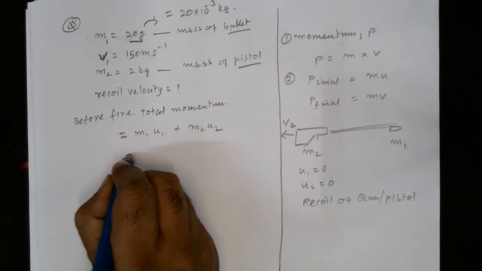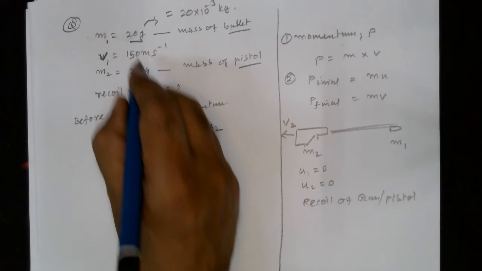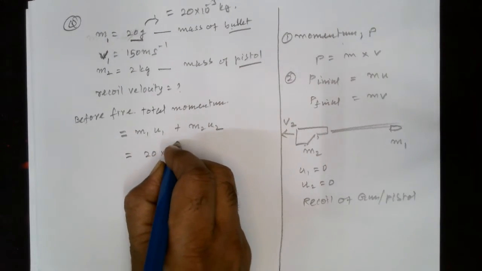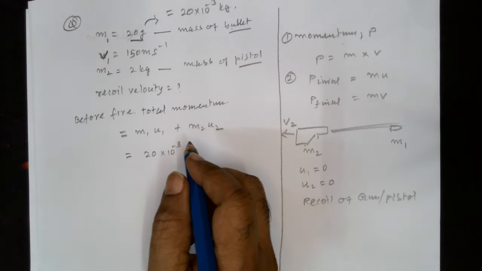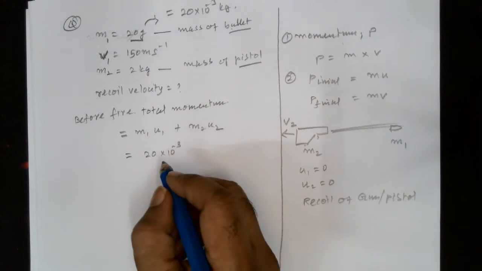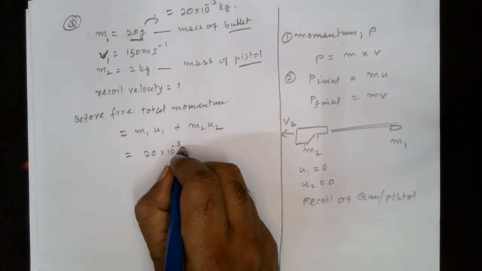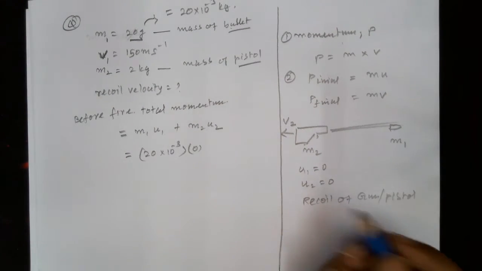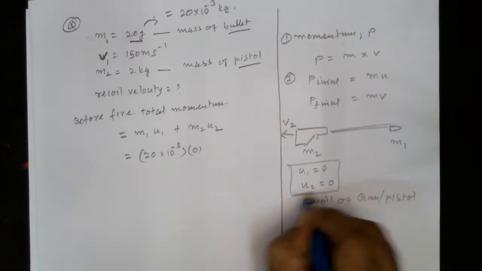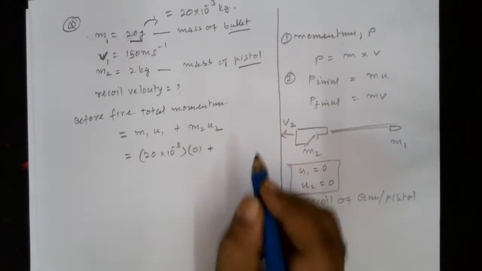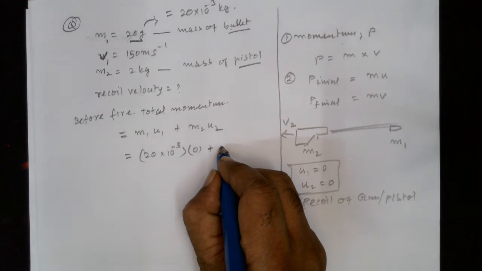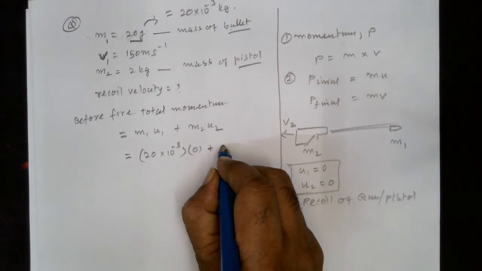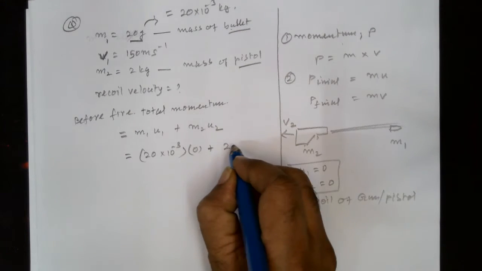Got it? Now, what is M1? M1 is 20 into 10 power minus 3, into U1 is 0, is it not? Why? Because initial velocity of the bullet is 0. Plus, what about the mass of the pistol? That is 2 kg, is it not?